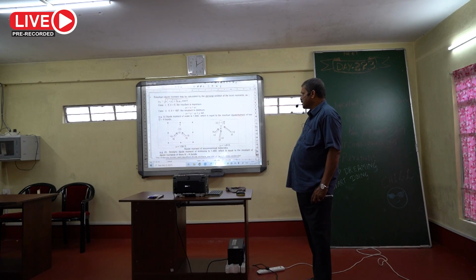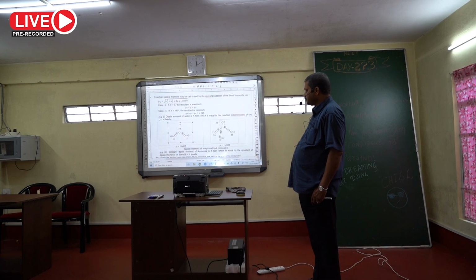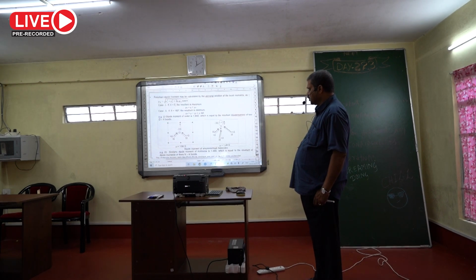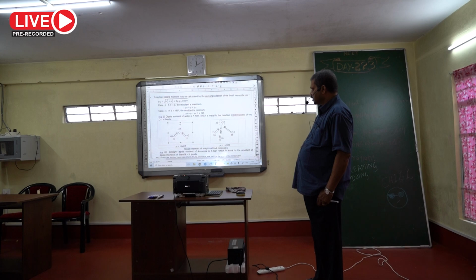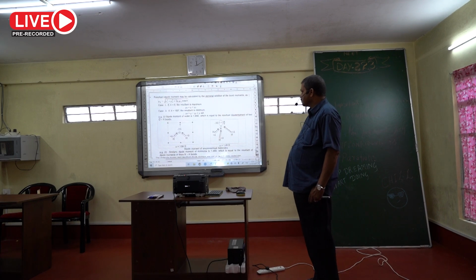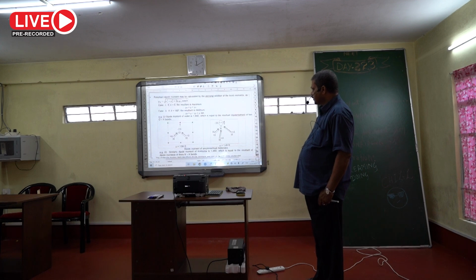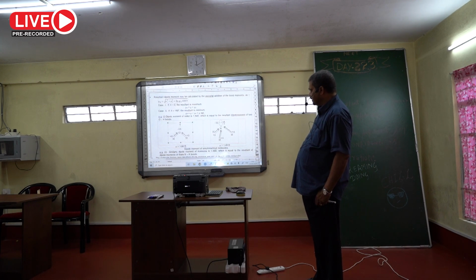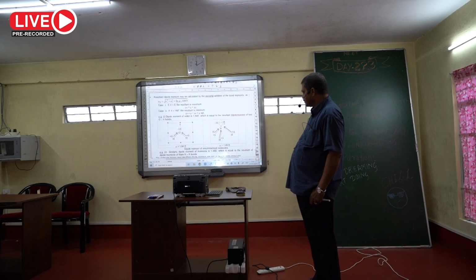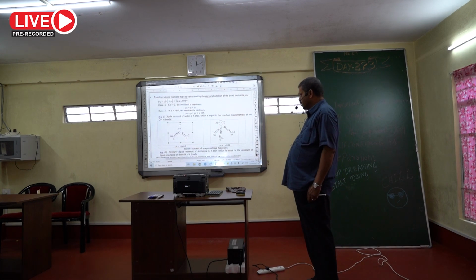If theta is equal to 0, the resultant mu is maximum. If theta is equal to 180 degrees, the resultant is minimum. Only 2 points here.